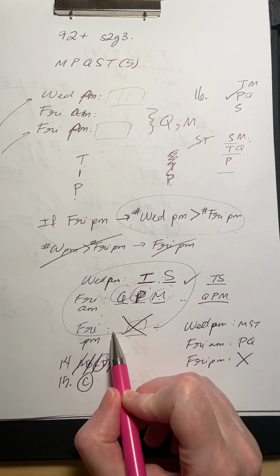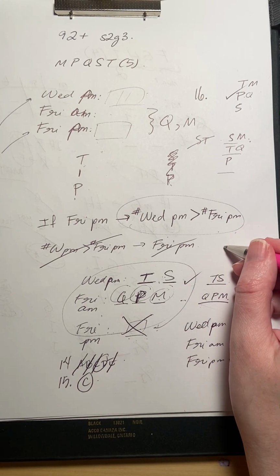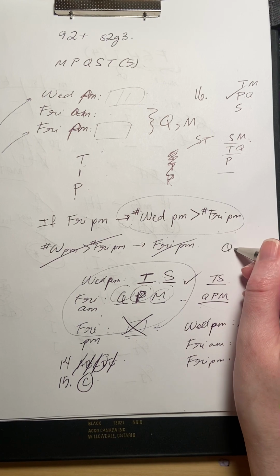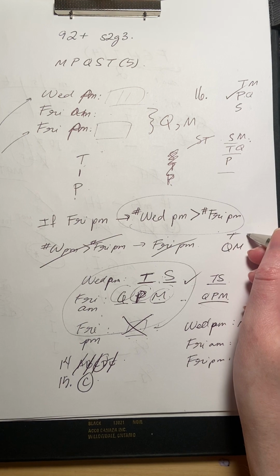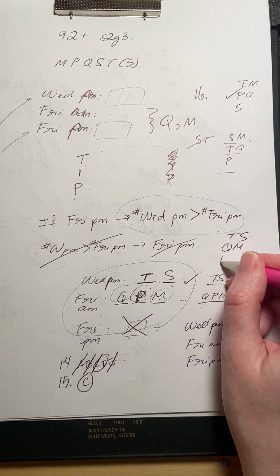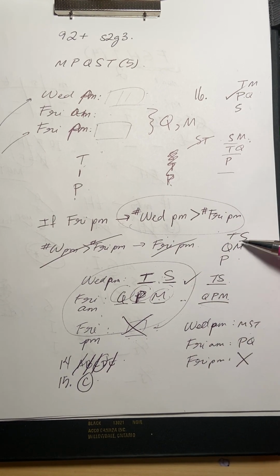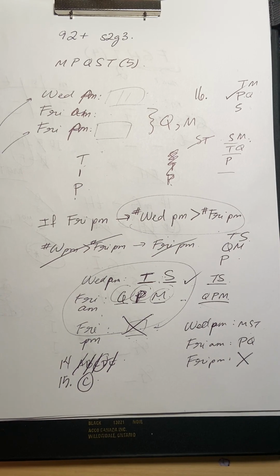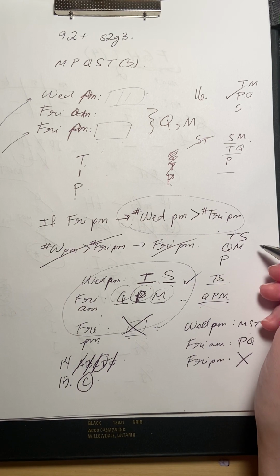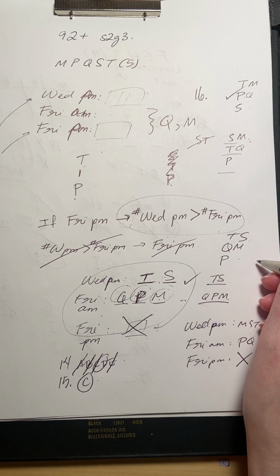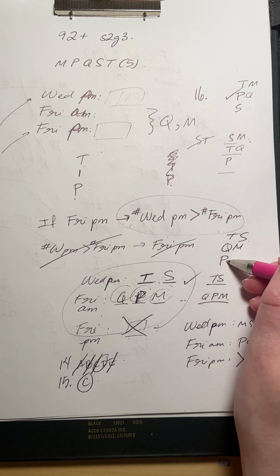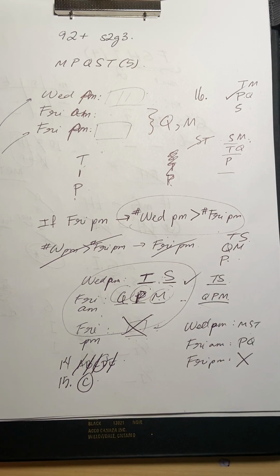Maybe one that has P on Friday afternoon. Right, I could have that. SP here. So that's totally fine. So P can be scheduled for Friday afternoon, so we can eliminate D. We could move Q or M to Friday afternoon as well.